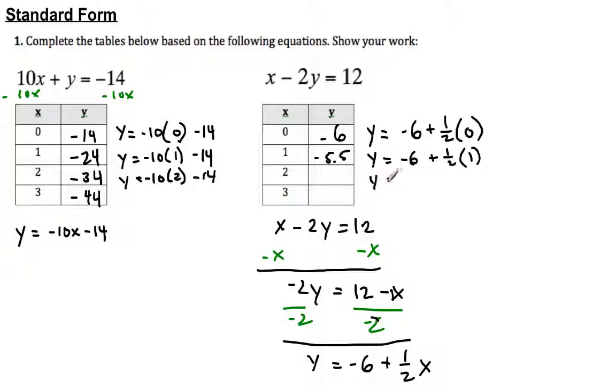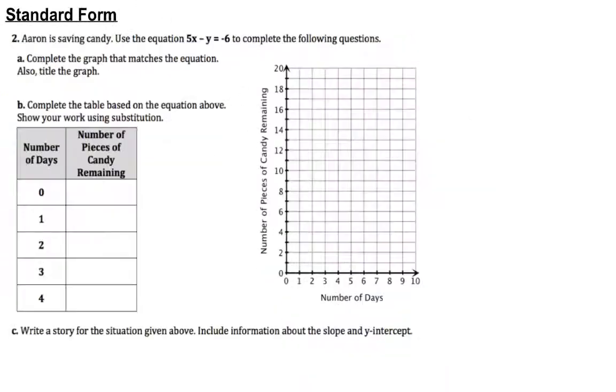Now y is equal to negative 6 plus 1/2 times 2. 1/2 times 2 is 1. Plus a negative 6 is negative 5. Okay, and you can see the idea. This is going to be negative 4.5. And then lastly, we're going to kind of put it all together and solve one of these problems here.